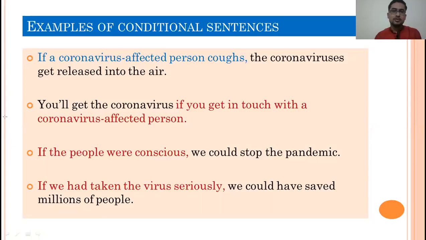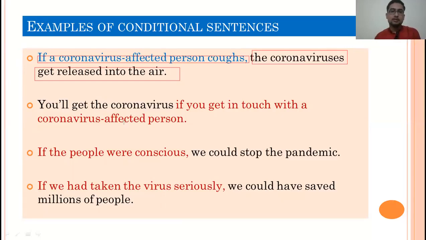So here you see in the first part, if you see minutely, this is a conditional clause, or you can say if clause, or subordinate clause, and this part is called principal clause or main clause. So this is the example of zero conditional sentences.